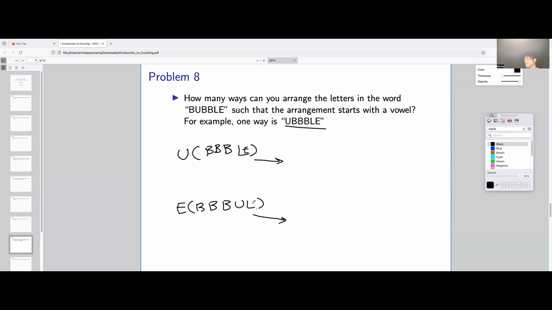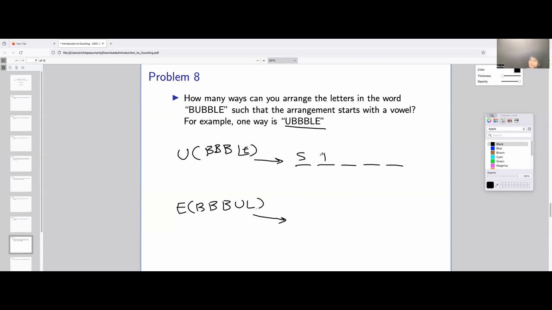Luckily for us, these cases are the same. I know there's an E instead of a U here, but the calculation will be the same. So let's just calculate it for one of them, and for the bottom one, we know the answer will be the same. We have 5 different letters, which we have to rearrange.